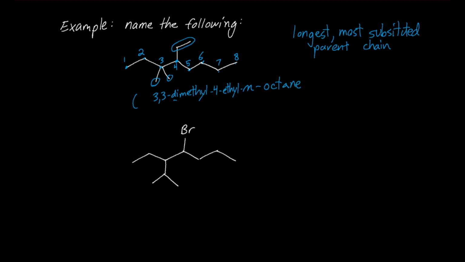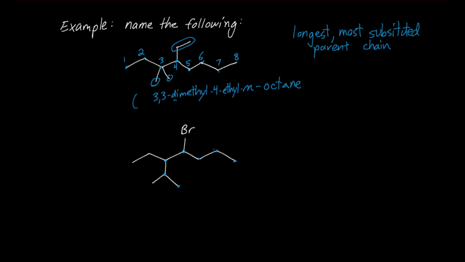Longest parent chain. Sometimes you've got to be careful because look here, 1, 2, 3, 4, 5, 6, 7. If I went in a straight line, 1, 2, 3, 4, 5, 6, 7, it is the same in either direction. So longest chain is 7.